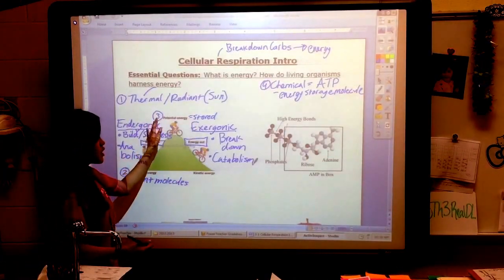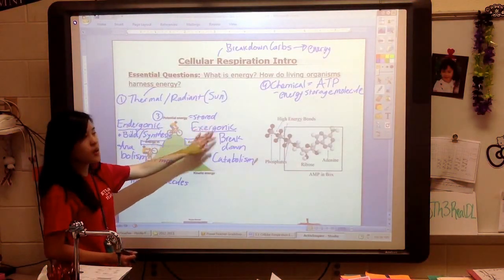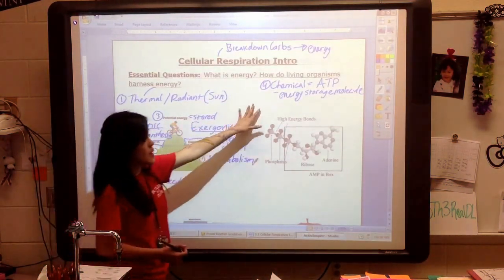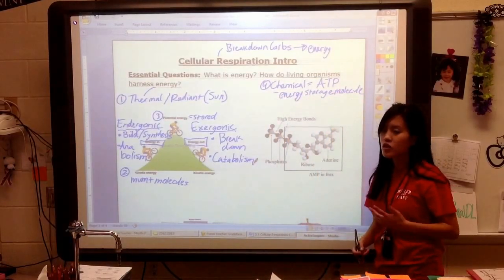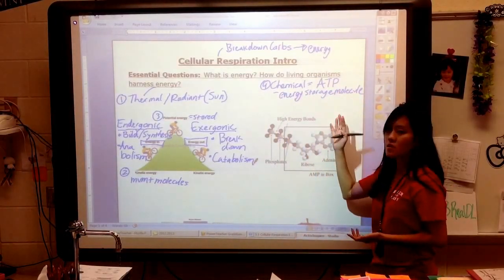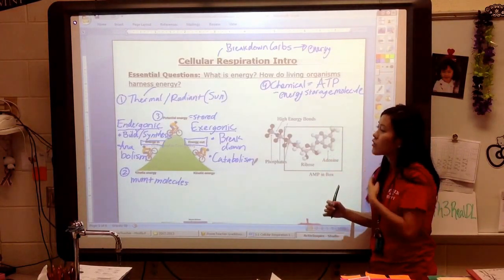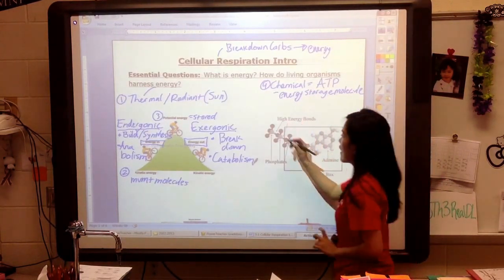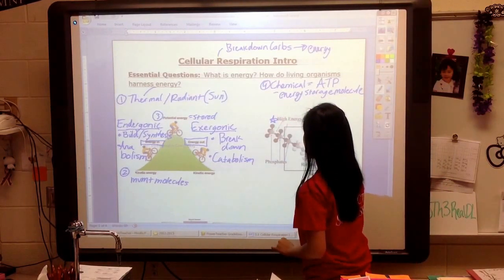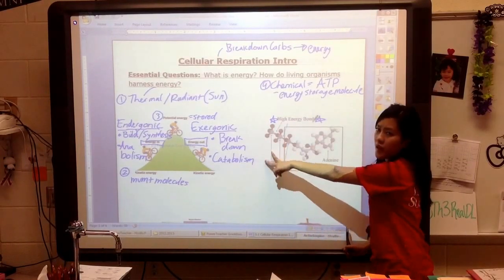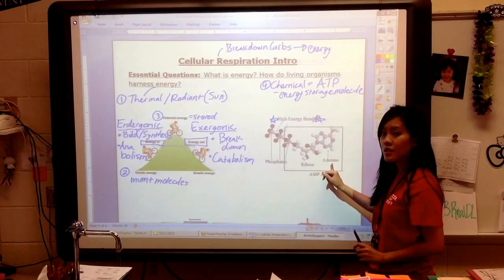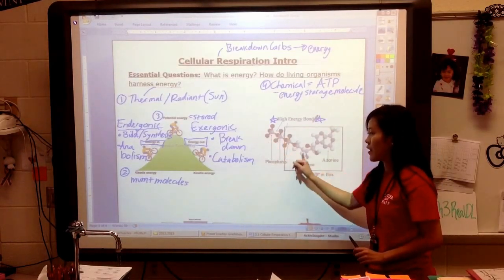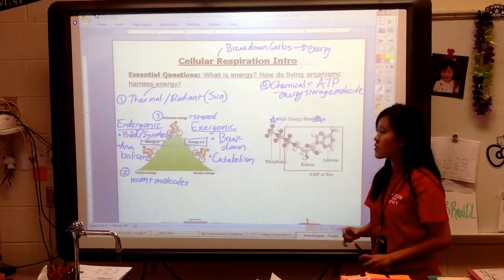We also have potential energy where energy is stored. And actually, this chemical energy found in ATP, the energy molecule that stores energy, is actually going to be found within the high energy bonds between those phosphate groups. ATP stands for adenosine triphosphate, 3 phosphate groups.